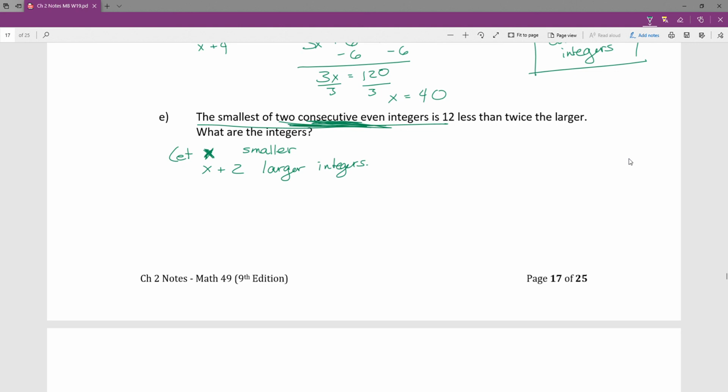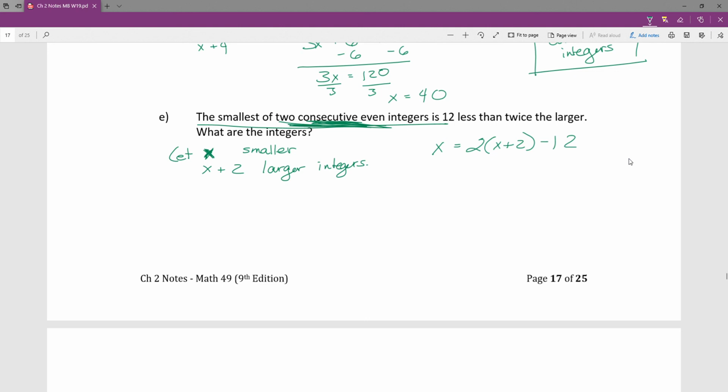It takes a little bit of time to get to. So that's the equation I got for this.